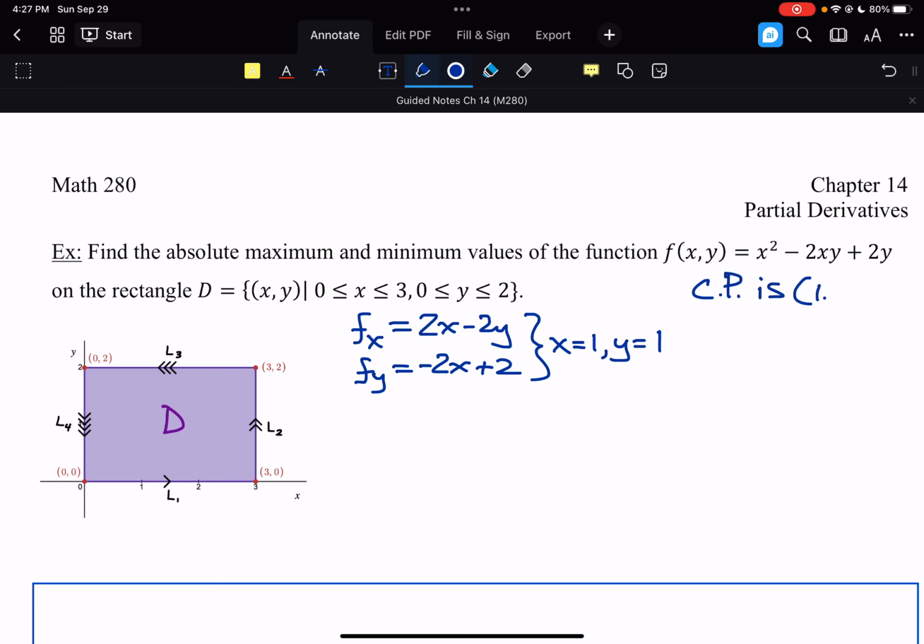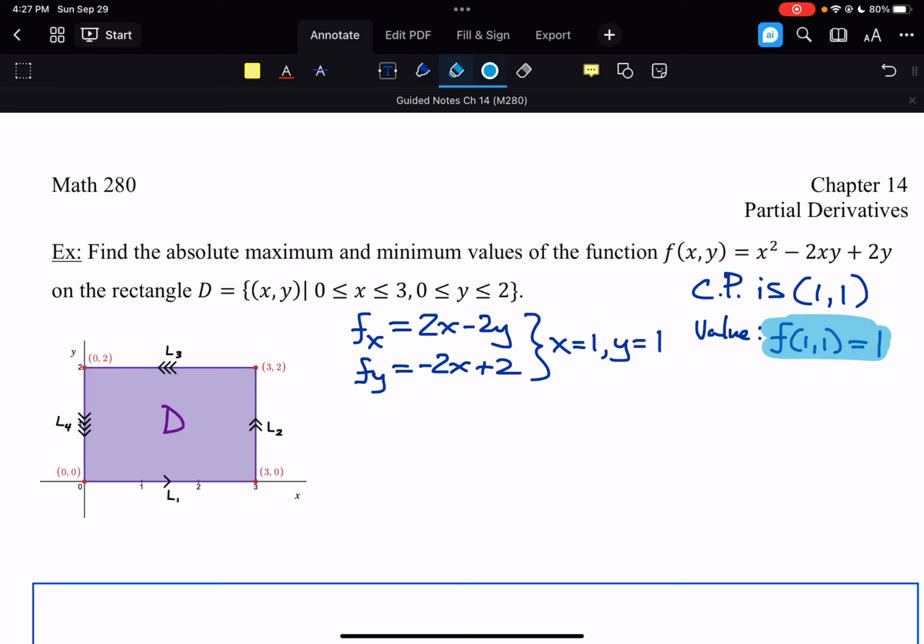So our critical point is (1, 1), and for its value, f(1, 1) is 1.